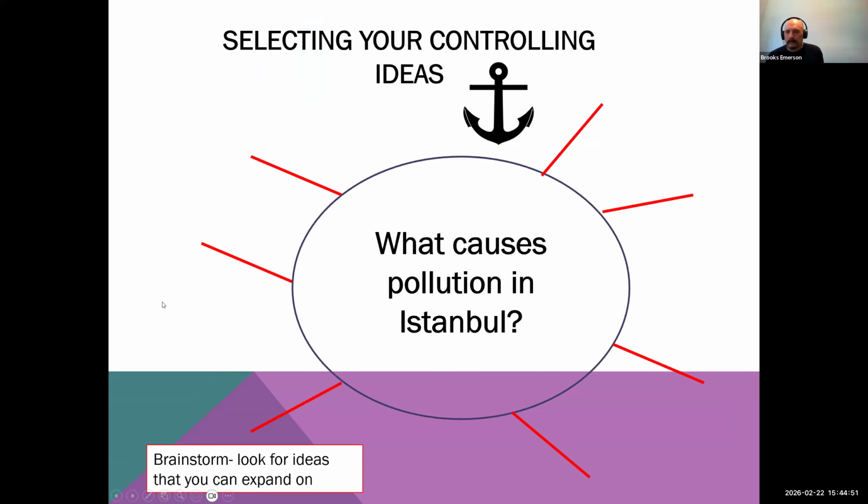Okay. So again, the best thing you can do is brainstorm. Brainstorm your ideas before you write anything, because then you can really check to make sure it's anchored, to make sure there's a direct connection to your topic sentence. Because if there isn't a direct connection, then it won't work.